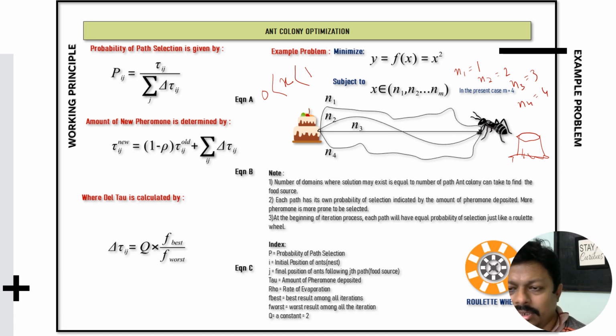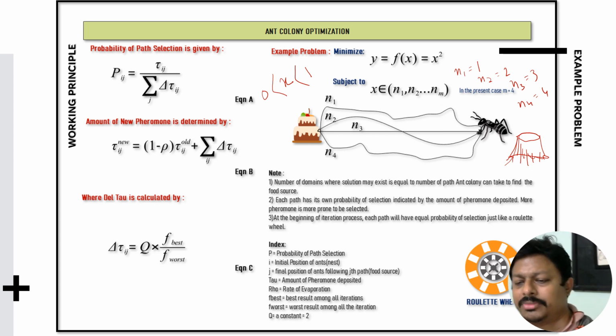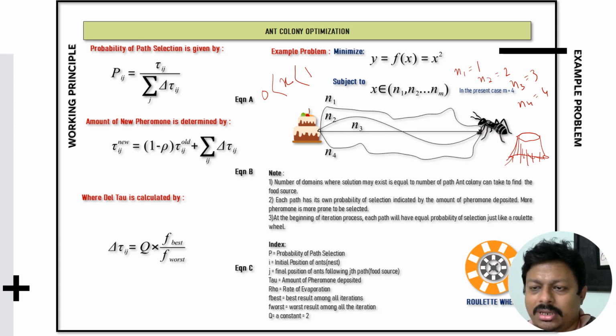Whether it is a black ant or red ant, ants have a similar type of food foraging behavior. There might be some change from one type of ant to another, but they are very minuscule.